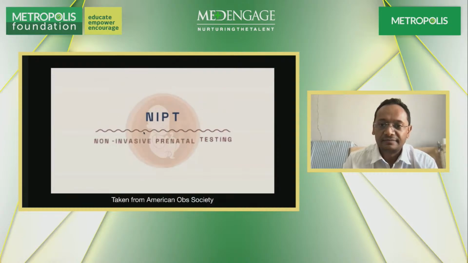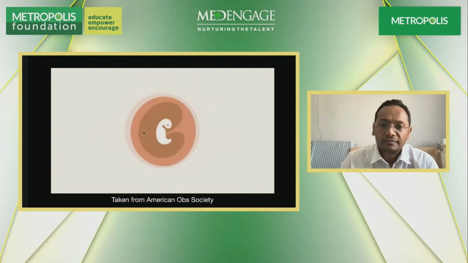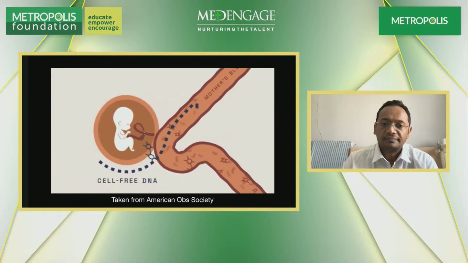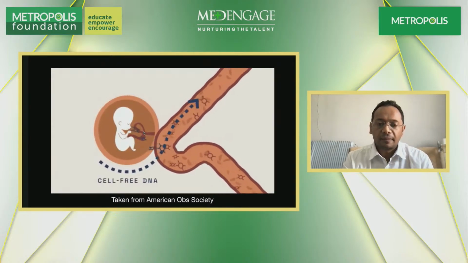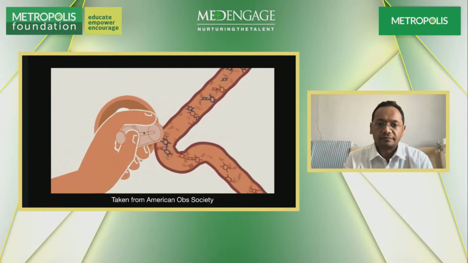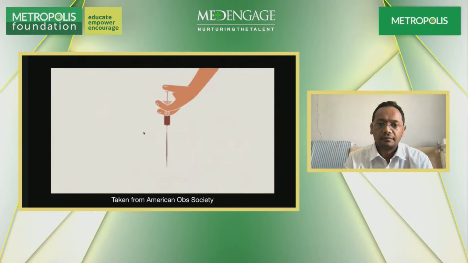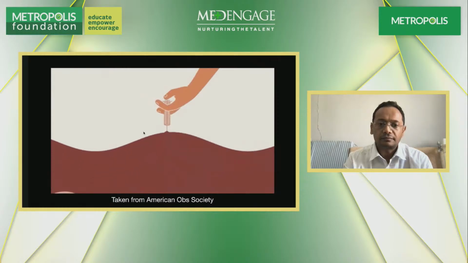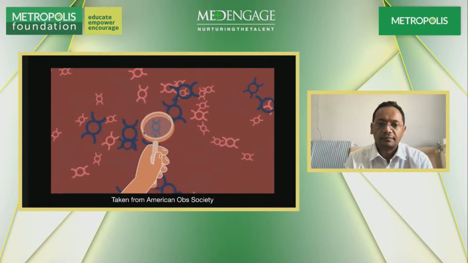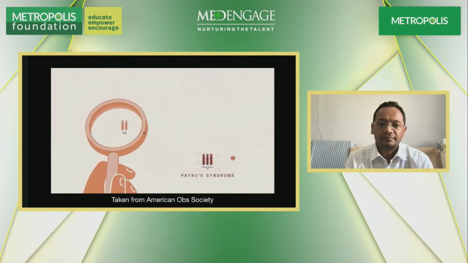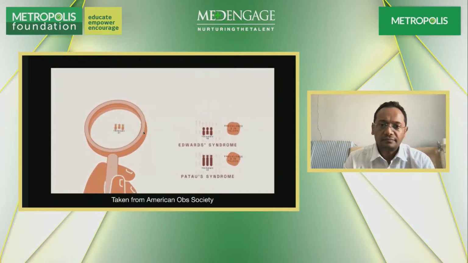IPT, or non-invasive prenatal testing, is a screening test that can give you valuable information about your baby's health before they're even born. During pregnancy, the baby releases cell-free DNA into the mother's bloodstream by taking a simple blood sample from the mother's arm. As early as 10 weeks, doctors can analyze this DNA in a lab to detect abnormalities in your baby's chromosomes. It is considered the most accurate and modern method to screen for conditions like Down syndrome, Edwards syndrome, Patau syndrome, and other genetic conditions depending on the test provider.